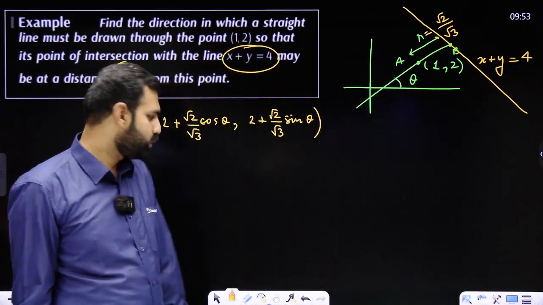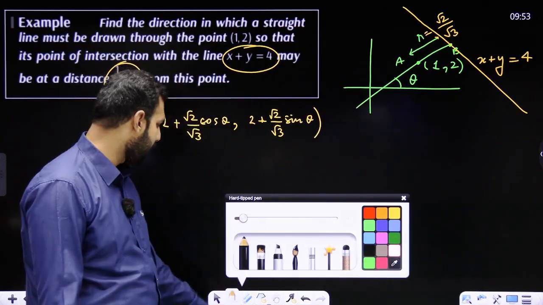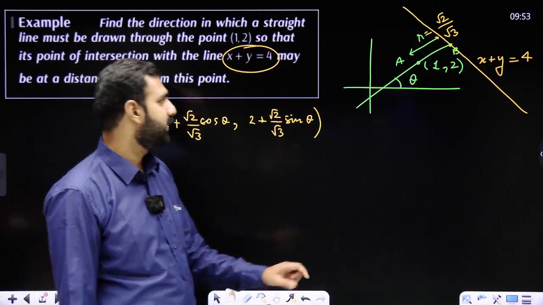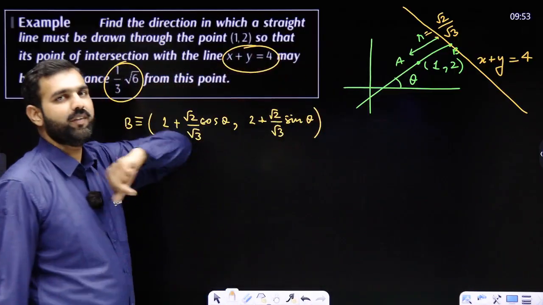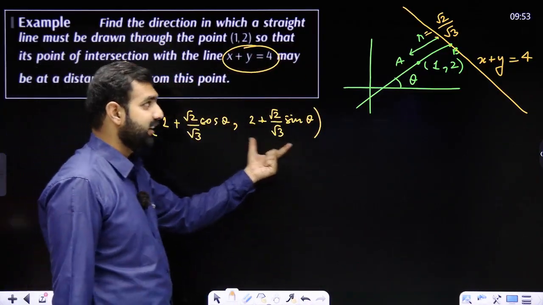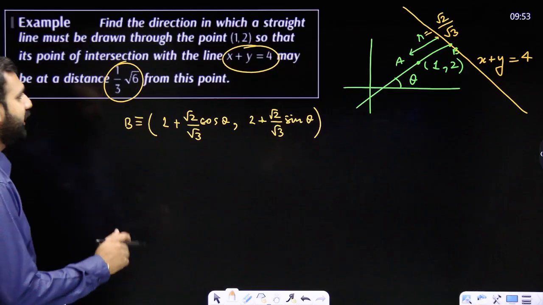I hope most of you must have understood what we are going to do next. If this point B happens to lie on the line x + y = 4, it must satisfy this equation. So I hope we all are understanding what the approach is going to be.